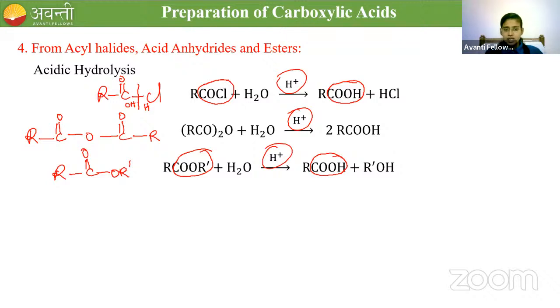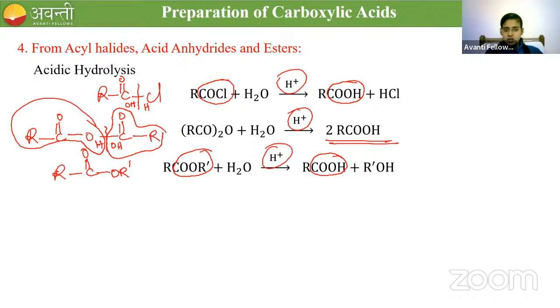You have to break any one of the CO bonds. Let me break this bond. So I will add H to one side and OH to another side. So I will get RCOOH and RCOOH. So 2 moles of RCOOH are formed like this. Is it clear?